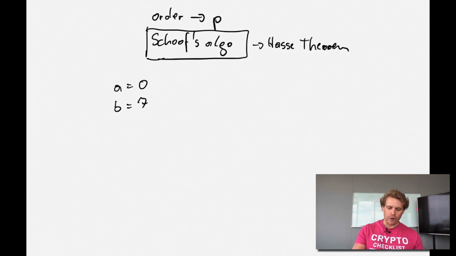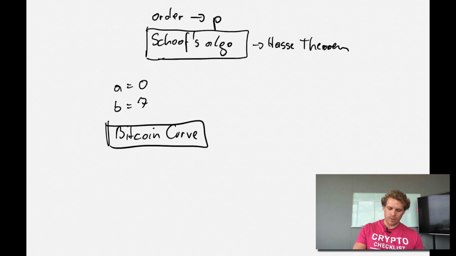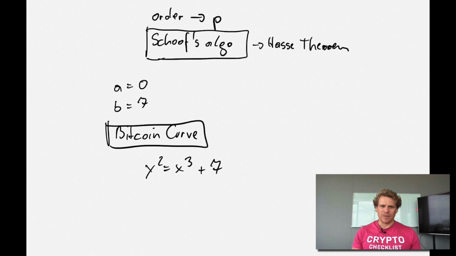So this is the Bitcoin curve: y squared equals x cubed plus 7. And then we have this generator point with huge coordinates, an x coordinate and a y coordinate, and now it gets very interesting.